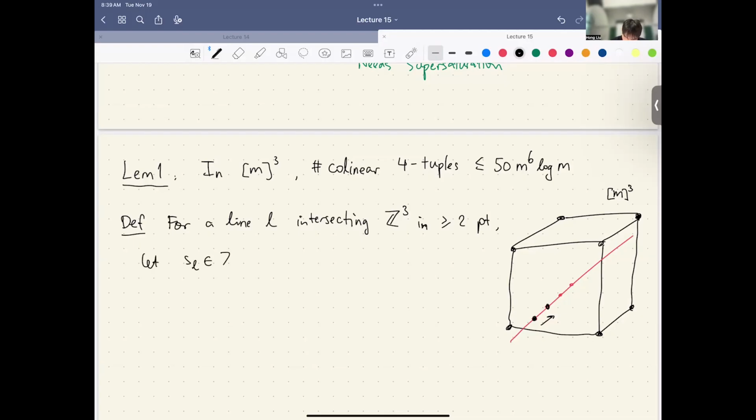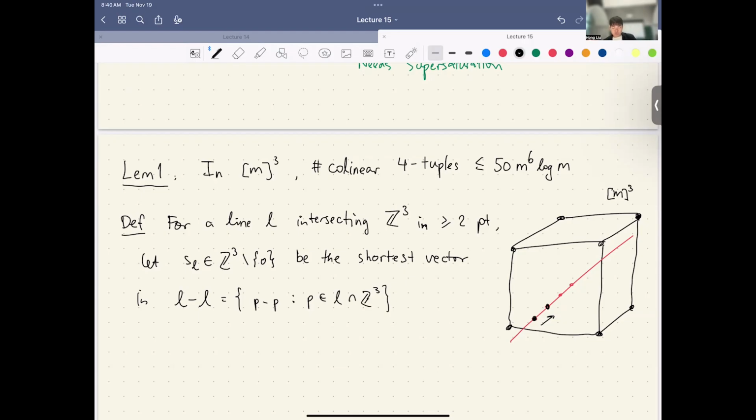Okay. Then we let SL, which is a non-zero vector in dimension 3 with integer coefficient, because you have 2 points with integer coordinates, right? Be the shortest vector in this set L minus L. This just means all the points P minus P', where P is in L intersect Z^3, okay?